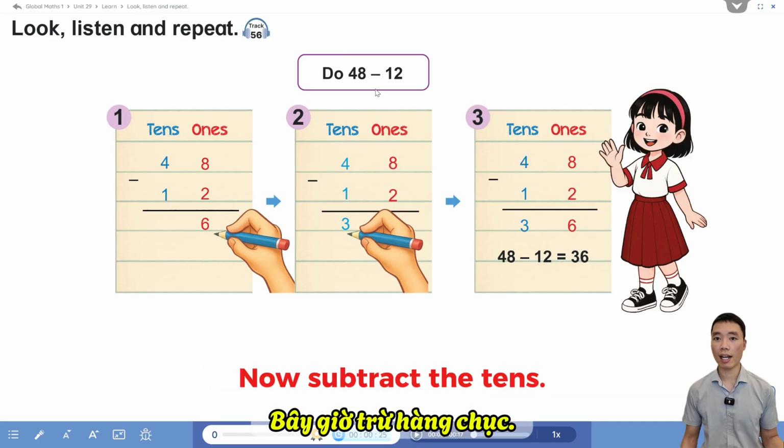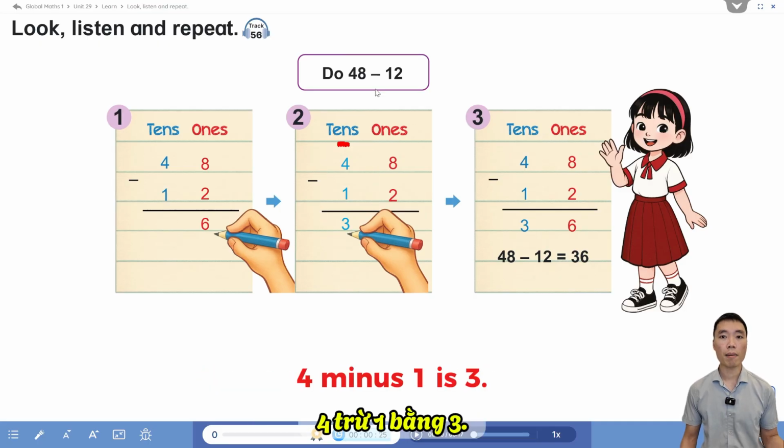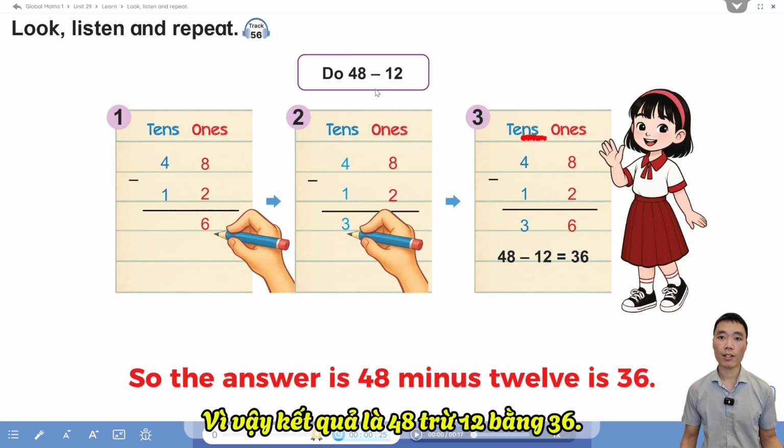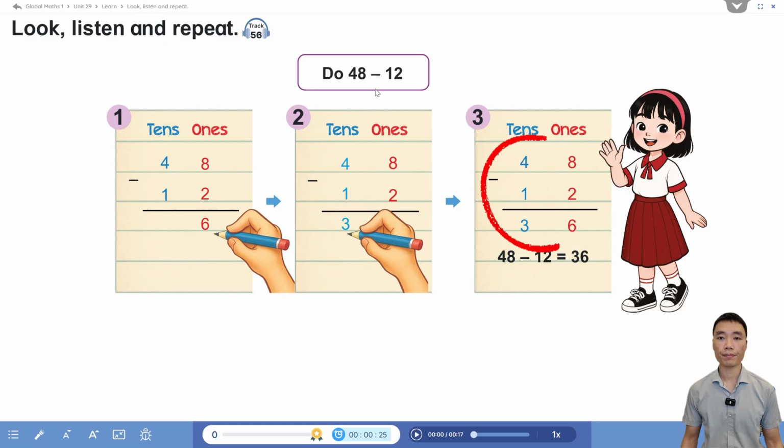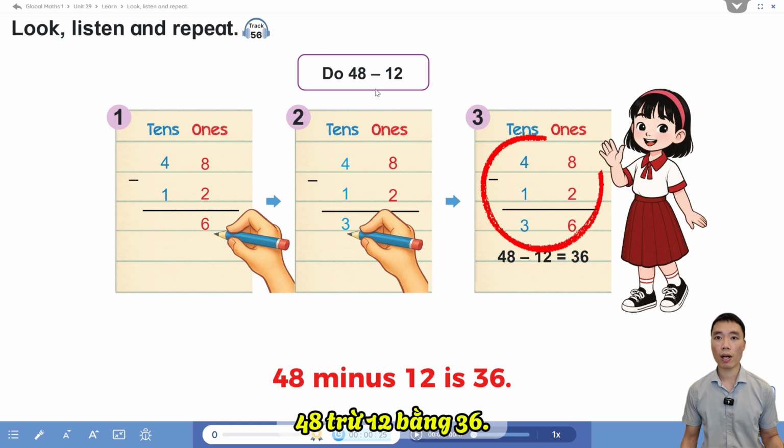Now subtract the tens. 4 minus 1 is 3. So the answer is 48 minus 12 is 36.